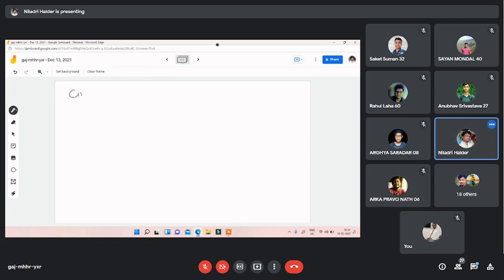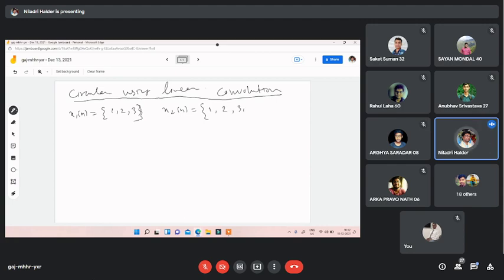For that case, first suppose x1(n) is given as 1 2 3, and x2(n) is given as 1 2 3 4.